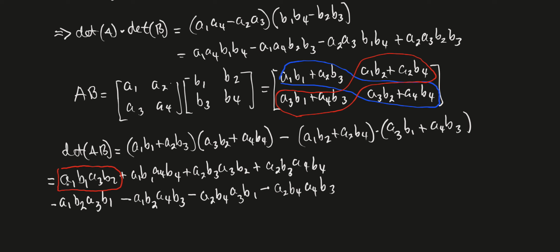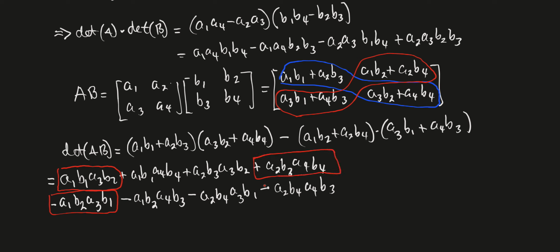There it is, the A1, there's the B2, there's the A3, and then there's the B1. So these two cancel out, right? So those are gone. The next one is, if you look at this term, A2, B3, A4, B4, right there, look right below it.